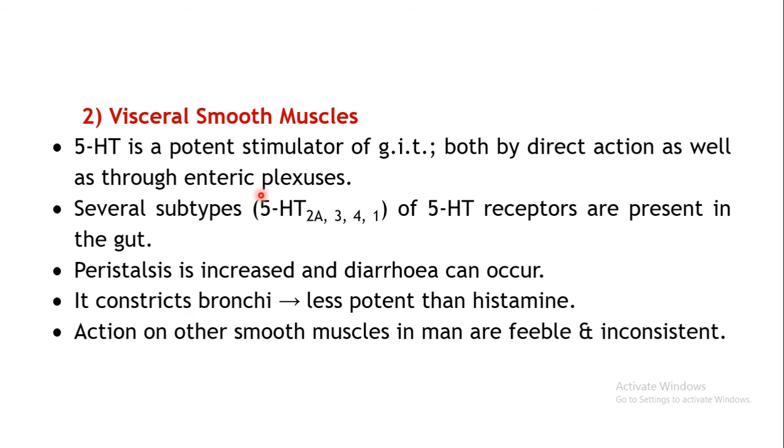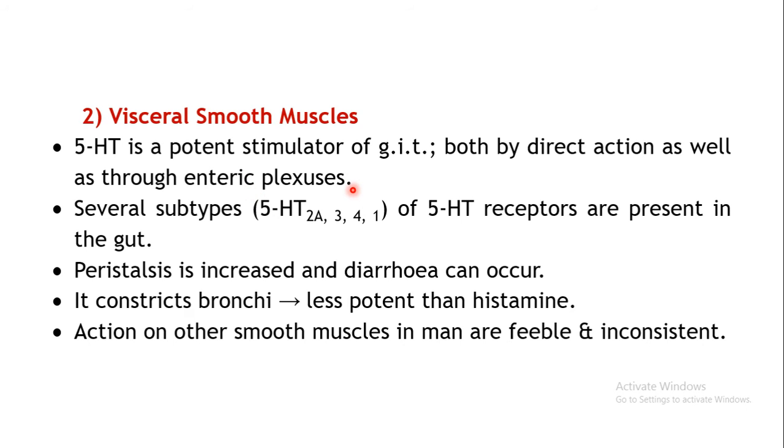So it will stimulate your GIT, or contract the smooth muscles in your GIT, both by directly acting on the GIT, because there are several 5-HT receptors located on your gut wall, so either 5-HT will go and bind to these receptors and stimulate the contractile property of your GIT, or it will act indirectly through stimulation of the enteric plexus.